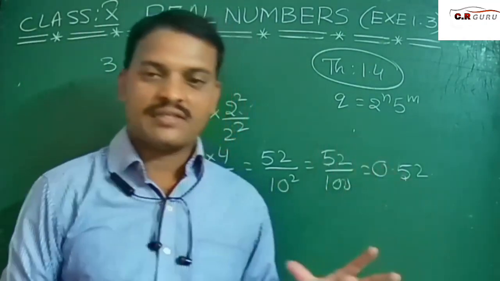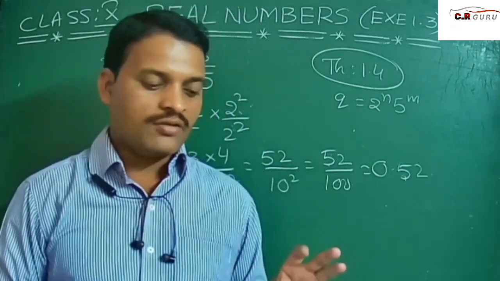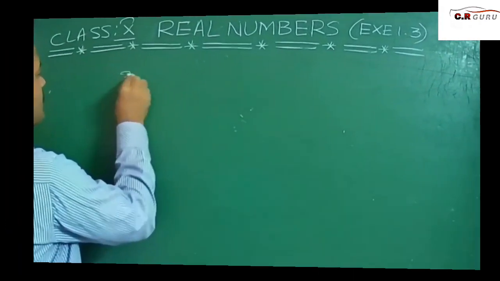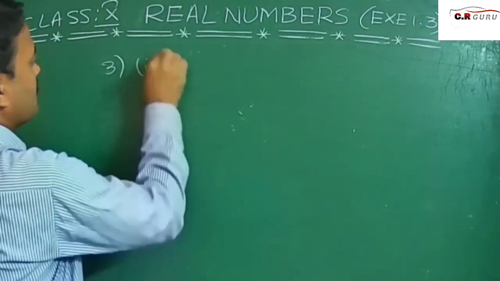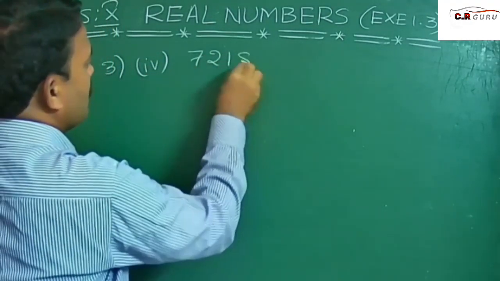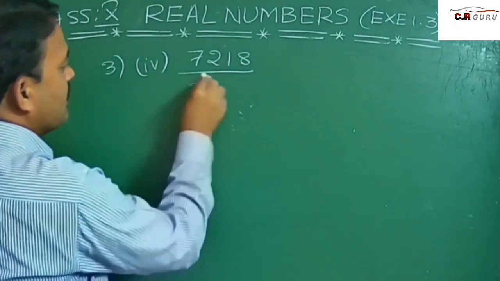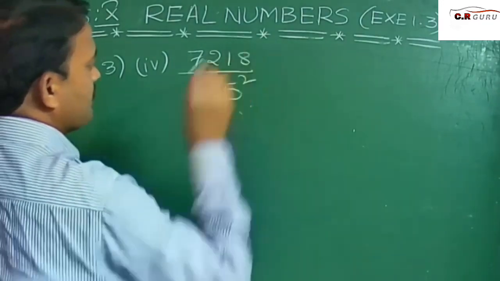Next, in this model, nearly 5 sums are there. I want to explain the third Roman fourth sum, which is 7218 by 3 square into 5 square.